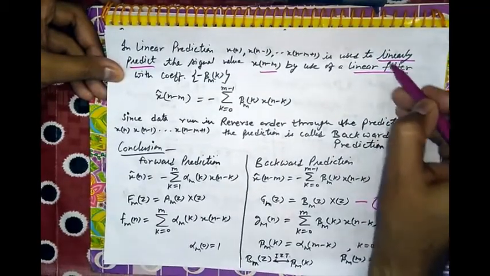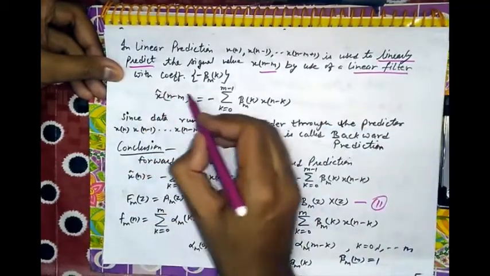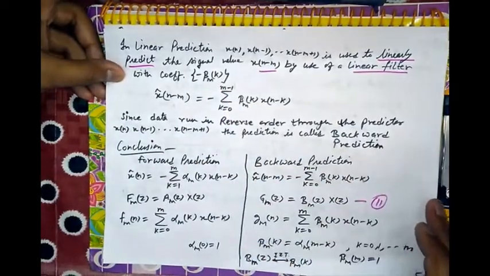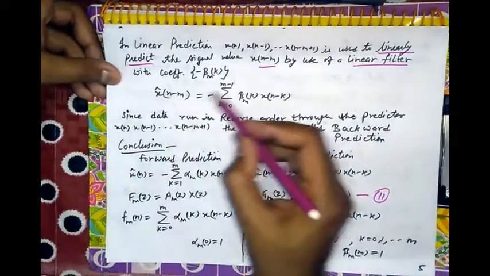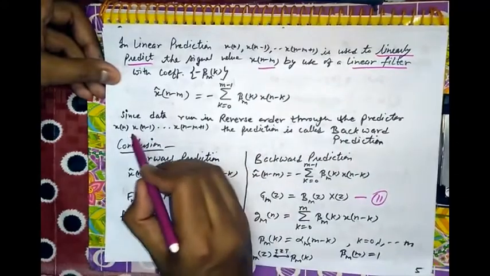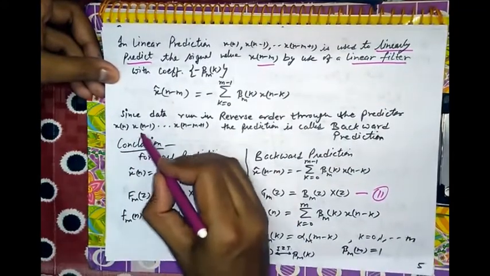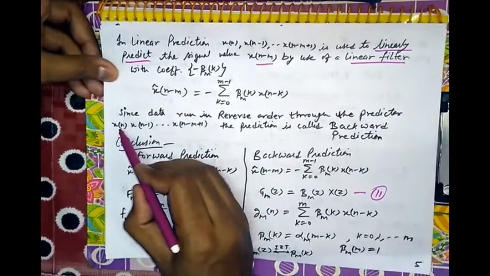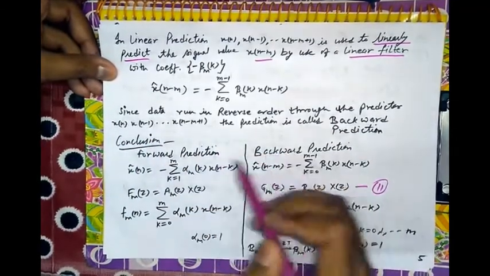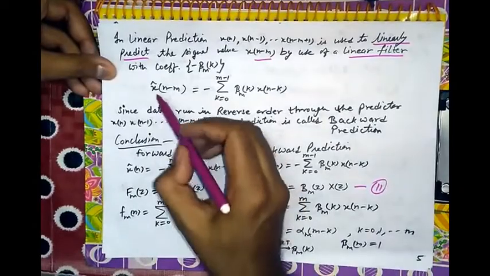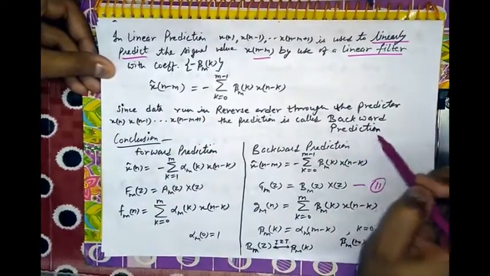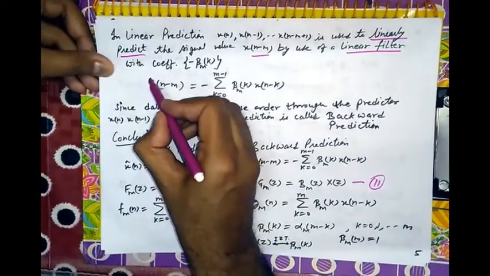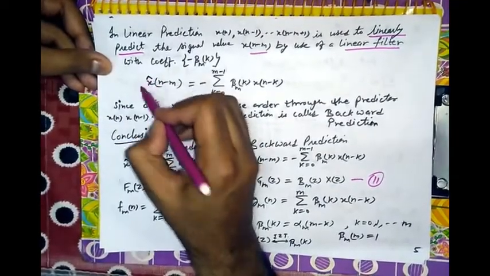Application of this linear filter is in linear prediction with coefficient minus beta mk. When we use the data in reverse order, xn minus 1 to xn minus m plus 1, suppose x5, x4, x3, x2 and so on, then the prediction is known as backward prediction. Prediction is shown by this cap, which shows that it is a predicted value.